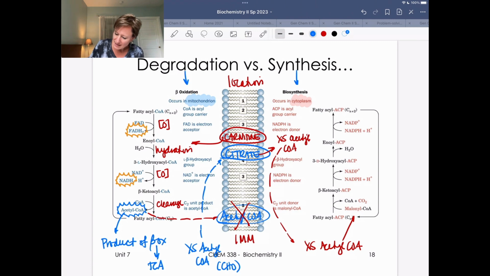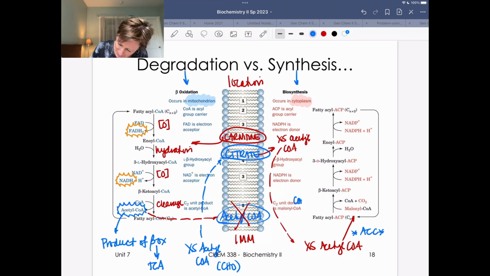And the enzyme responsible for this is ACC. You guys have heard about that enzyme name from your fundamentals quiz. ACC is acetyl-CoA carboxylase. So that's going to be adding a CO2 group onto acetyl-CoA to make malonyl-CoA. Then we're going to have malonyl-CoA and excess acetyl-CoA. The reversal happens here. So we had oxidation, hydration, oxidation, cleavage.